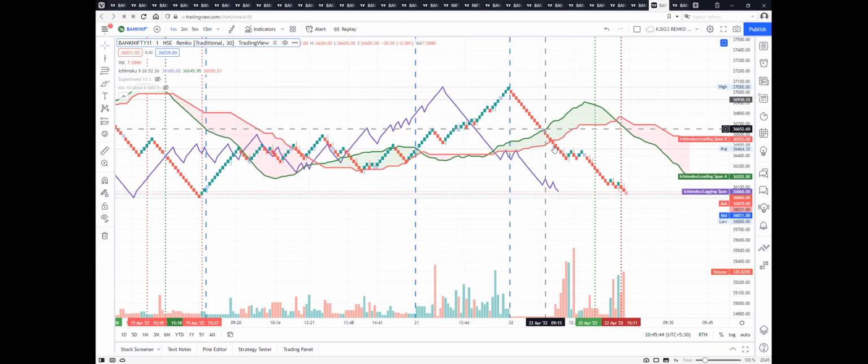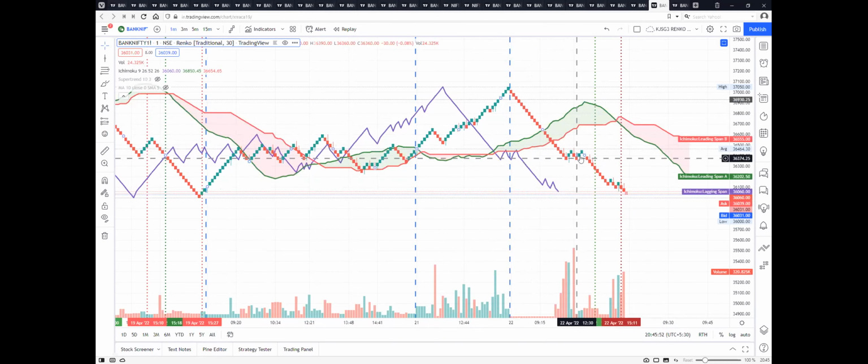It crossed the cloud and came down below this cloud. It was trading in that range, and you can see there are no movements here because of that brick size, and the Kumo cloud was down.